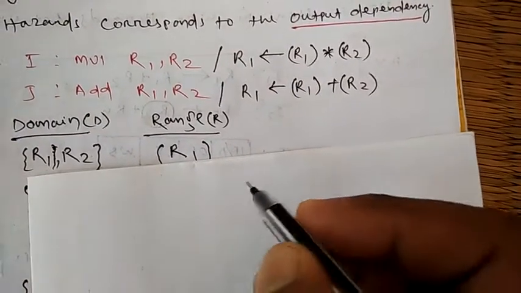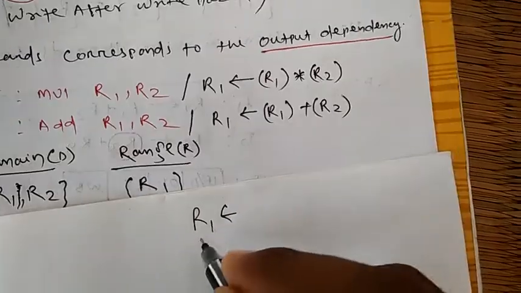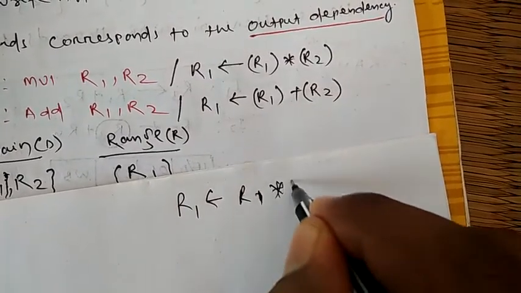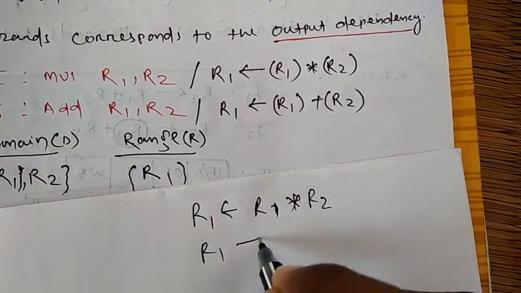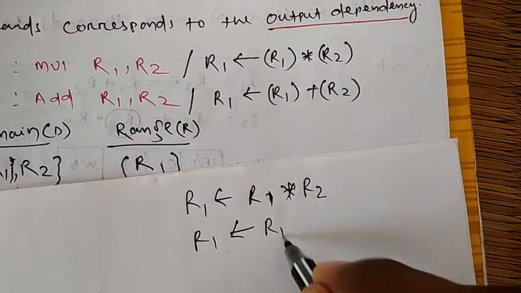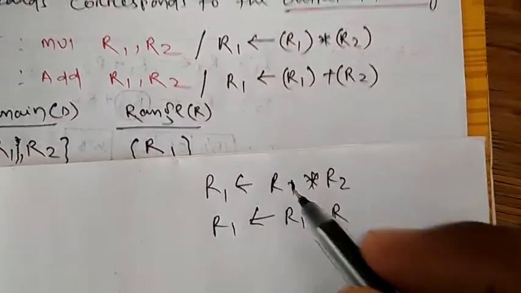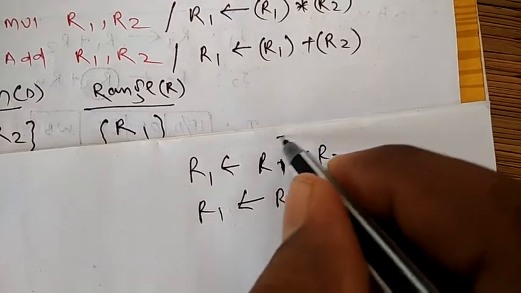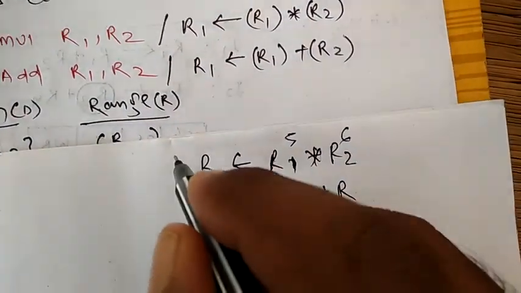So look, in the real scenario, what happened here? Now r1 is assigned r1 into r2, and here r1 is storing r1 plus r2. So let's suppose the r1 value is 5 and the r2 value is 6. What happens if they are in sequential order?